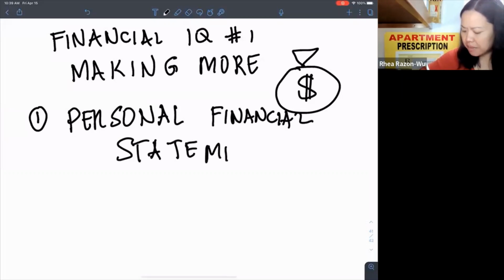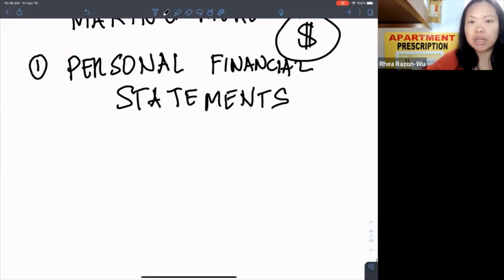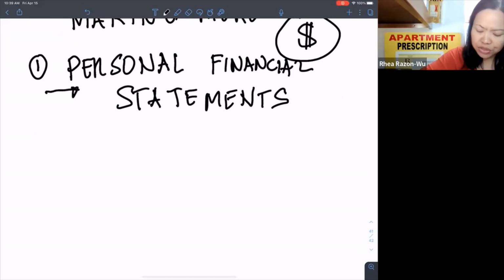A lot of times when I learned about finance, I didn't know about the personal financial statement until the age of 32. So just very recently did I learn about it.